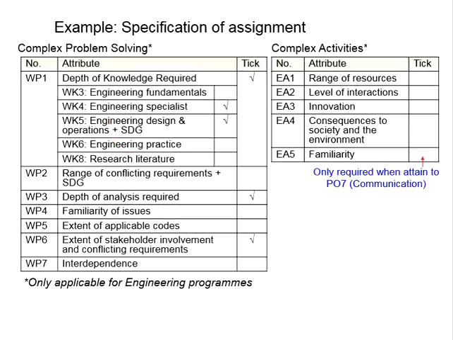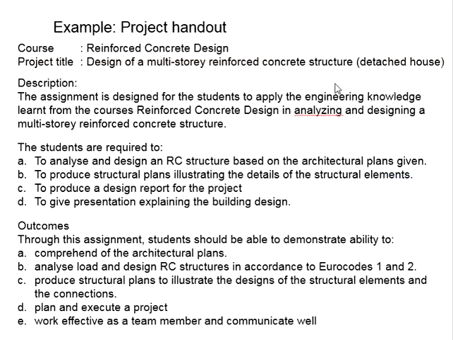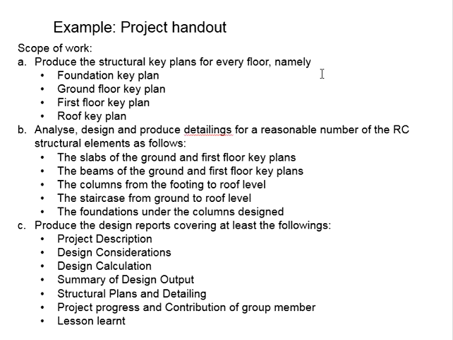And there is requirements on the sustainable development goals. So you will have to design the assignment accordingly. On top of the basic draft of the project handout, make sure you also incorporate the SDG component in the requirements, as well as the scope of the works.